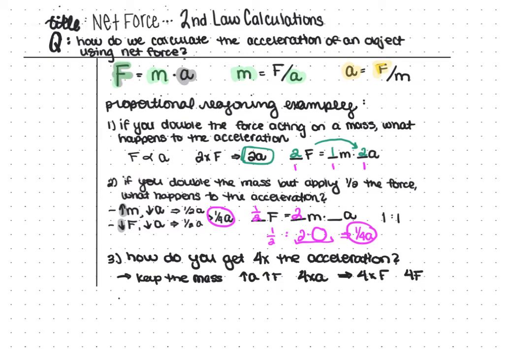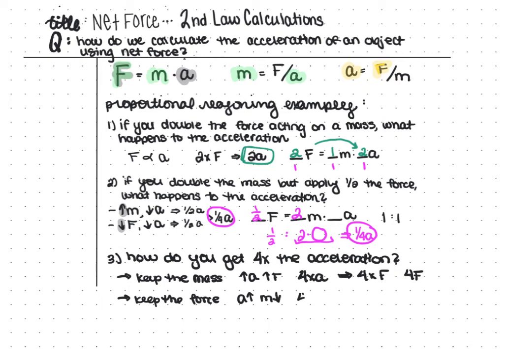The other thing that I can do is use the same force. So maybe I want something to accelerate 4 times faster, but I'm only a certain amount strong. So the other thing you can do is keep the same force. In this case, we know that acceleration and mass are inversely proportional. So if I want an increase in acceleration, I would need a decrease in mass.